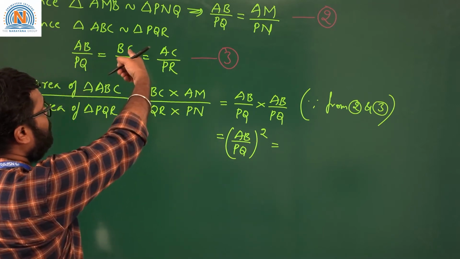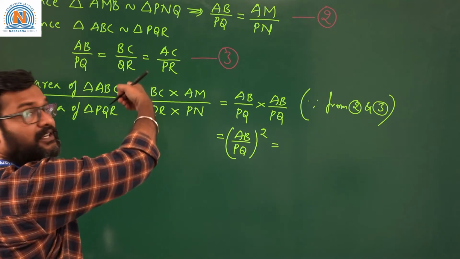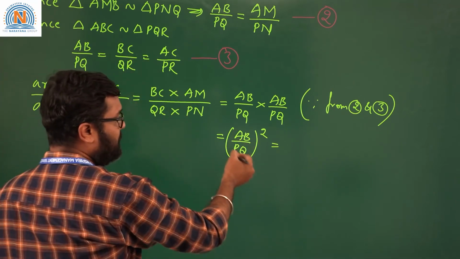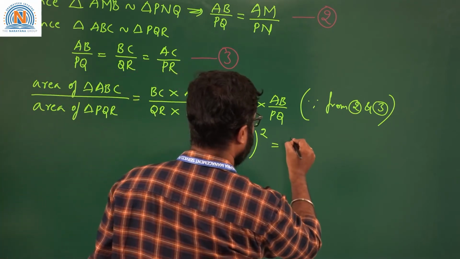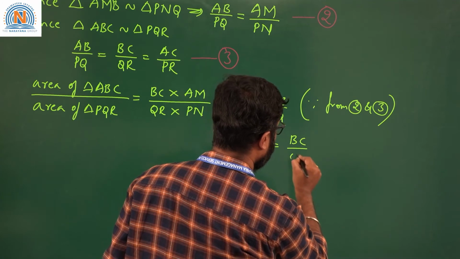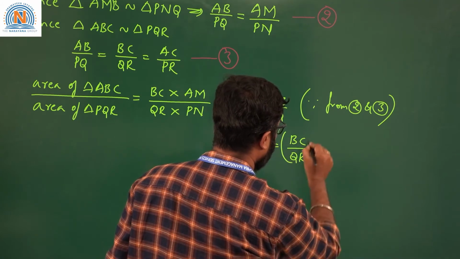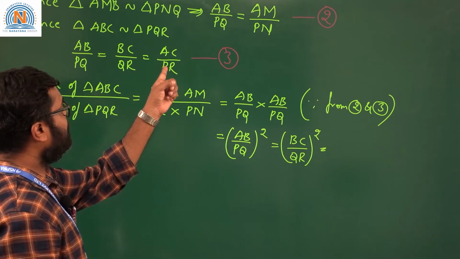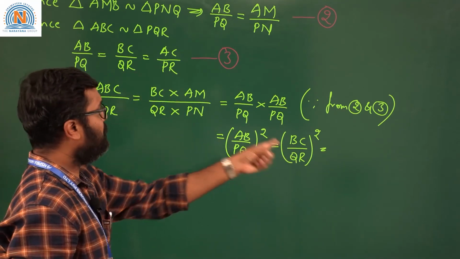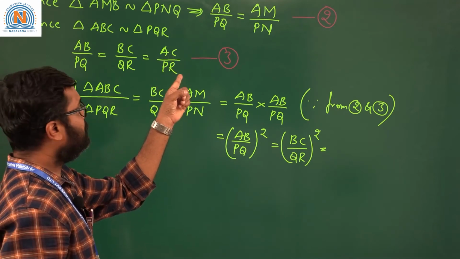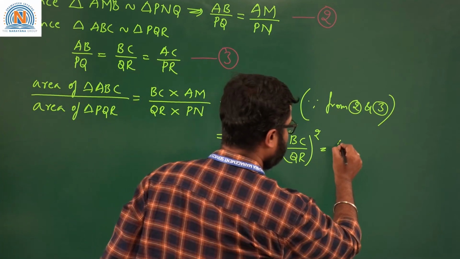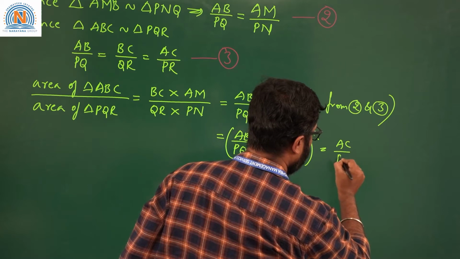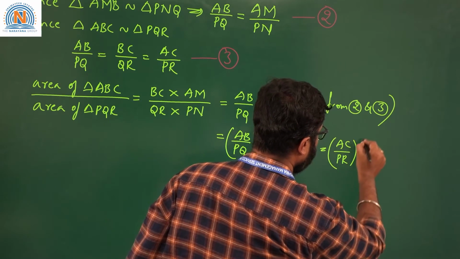AB by PQ is equal to what, children? BC by QR, isn't it? In place of AB by PQ, can I write BC by QR from third relation? So whole square is equal to BC by QR, which is equal to what? AC by PR. So I can write here AC by PR whole square, isn't it?